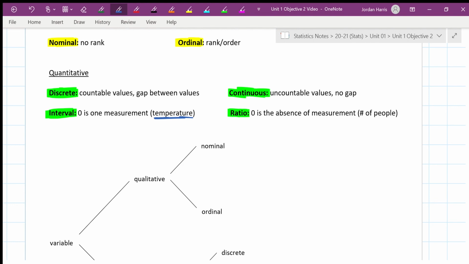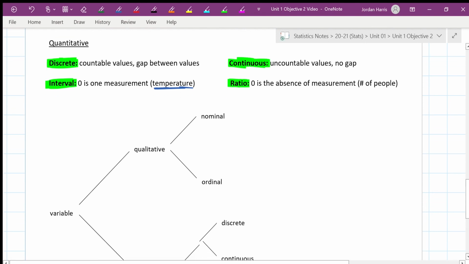It just means something. Ratio, on the other hand, is 0 is the absence of measurement, right? If I told you there was 0 people in that room, that means there are no people whatsoever in that room. Okay, so 0 means there's nothing in ratio. In interval, 0 means it's just a measurement. And once again, that's basically temperature is the only thing that's interval.